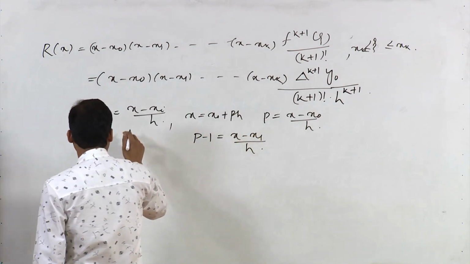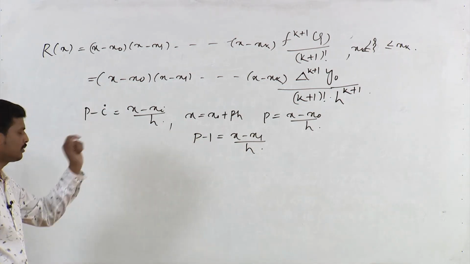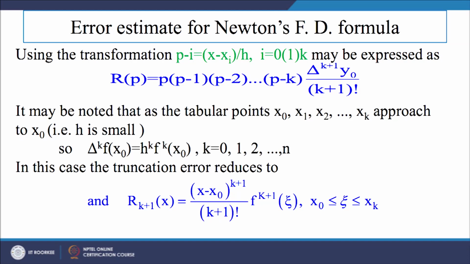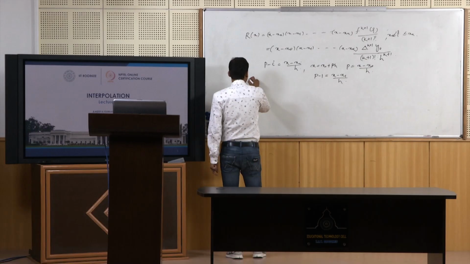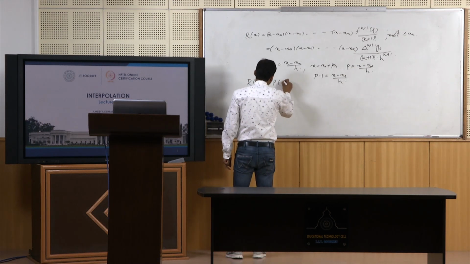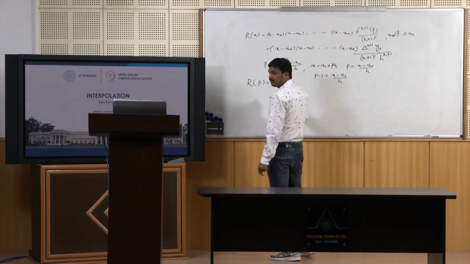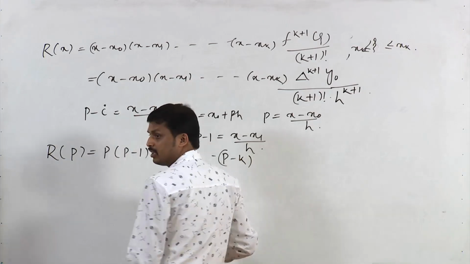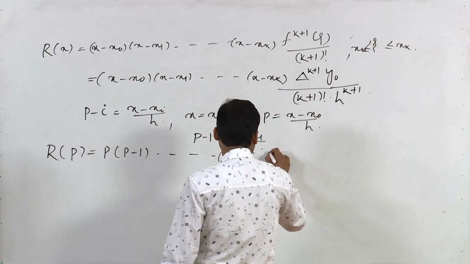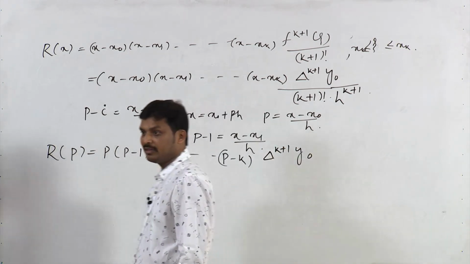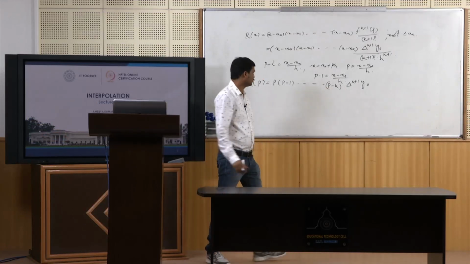So likewise, p minus i can be expressed as x minus xi by h here, and in terms of p, if we write this error formulation, then r of p can be written as p into p minus 1 up to p minus k, del to the power k plus 1 y0 divided by k plus 1 factorial here.